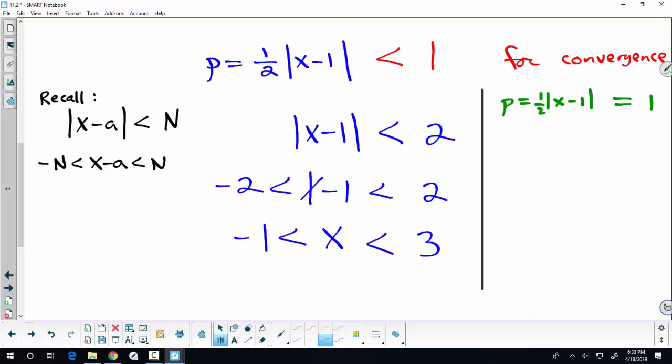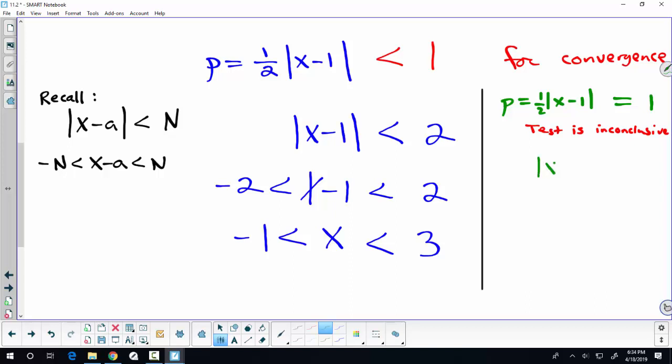So what that means is the test is inconclusive, meaning the test doesn't give us any information. We're starting with our ratio, and we said for convergence it has to be smaller than 1. But I'm just going to show you, if the ratio is identical to 1, what x values we end up with.